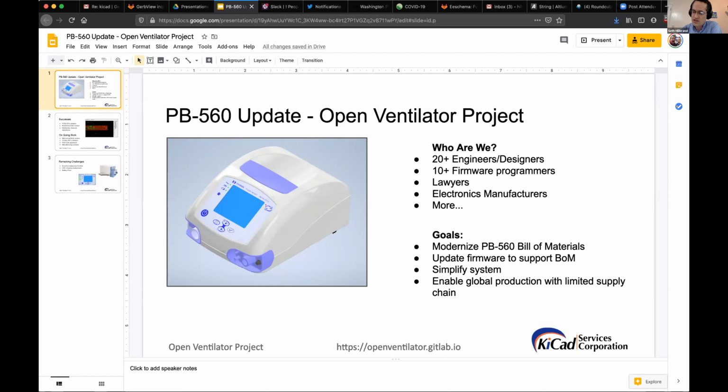We are changing the supply chain to reduce our dependency on the same lines of manufacture that are currently being clogged. As someone had mentioned earlier, this design is about 12 years old, and so a number of the electronics are end of life.